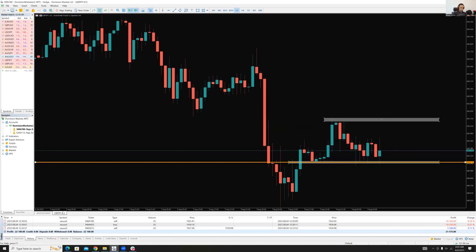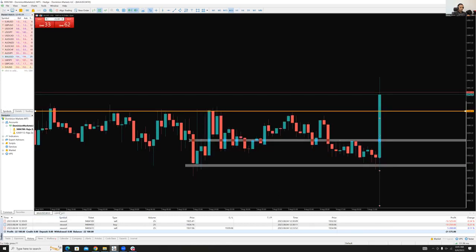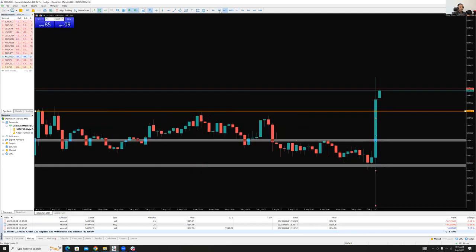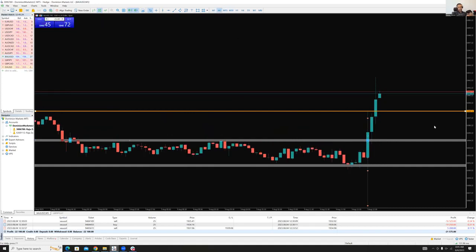Still consolidating here in Hong Kong. I'm excited to see these 5-minute candles. Imagine this is the 15-minute or 30-minute candles. This is something we were talking about: not all the candles will continue to move up.